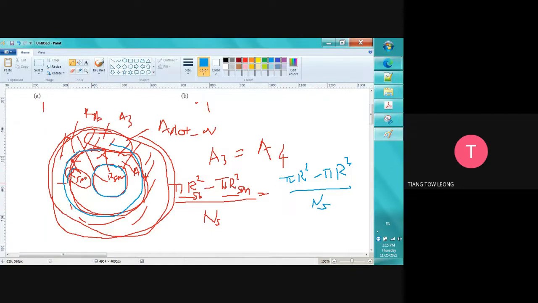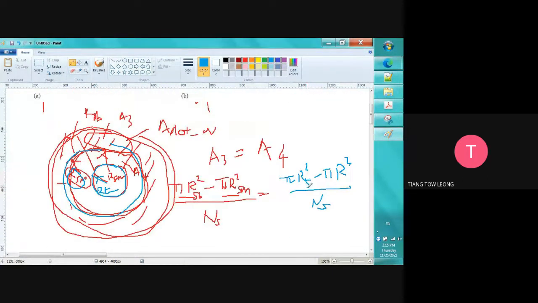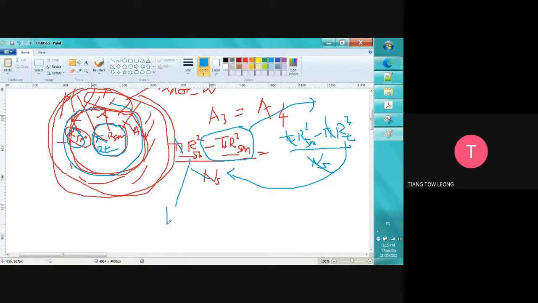But which r? RSM is the big one, and this is RT, the small one. So RSM, RT. Okay, the number of slots cancels out. Then we move the RSM square to here, and shift this one to here, which means copy RSB square, minus becomes plus RT square, equals RSM square with 2, because 1 plus another 1 becomes 2.